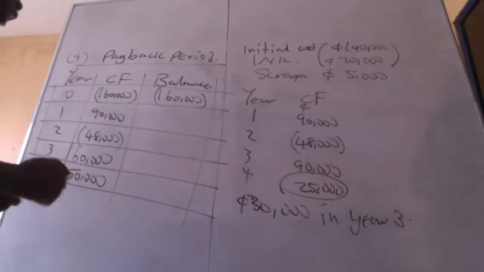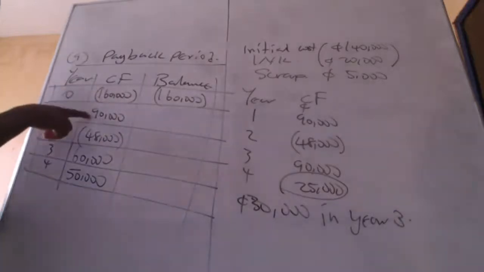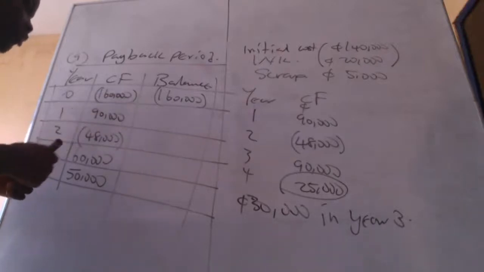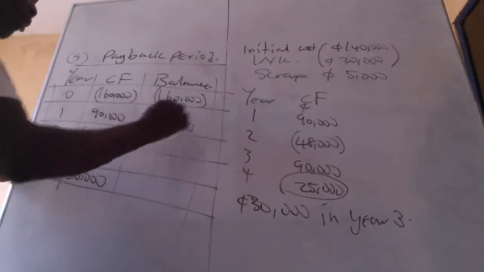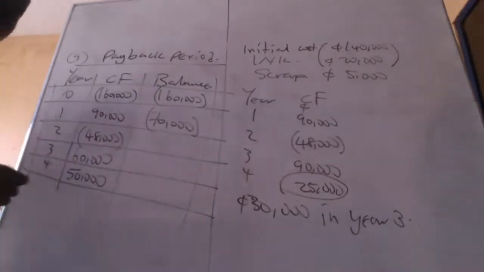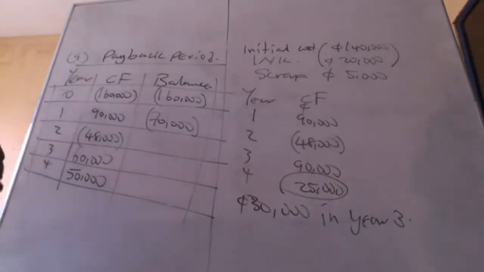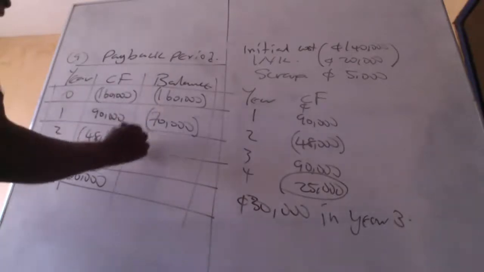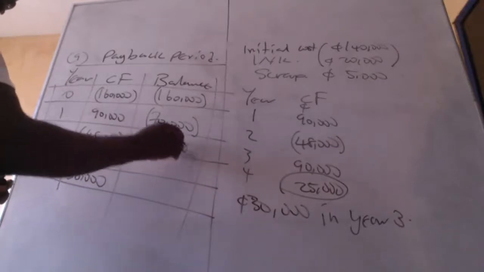Okay. Now let's see. At the end of year one, we're able to recoup 90,000. So probably we will have 70,000 to go. Okay, thank you. Now, at the end of year two, we made an additional outflow, so it will increase our balance to 118,000.